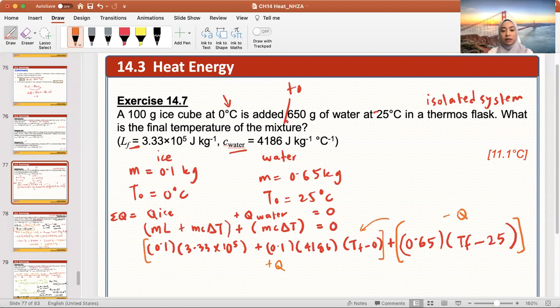Aduh, malasnya. Can we just look at the solution? Yes, for the water. Oh, C, MCT. Okay, I forgot it. Thank you, Mariam Aisyah.